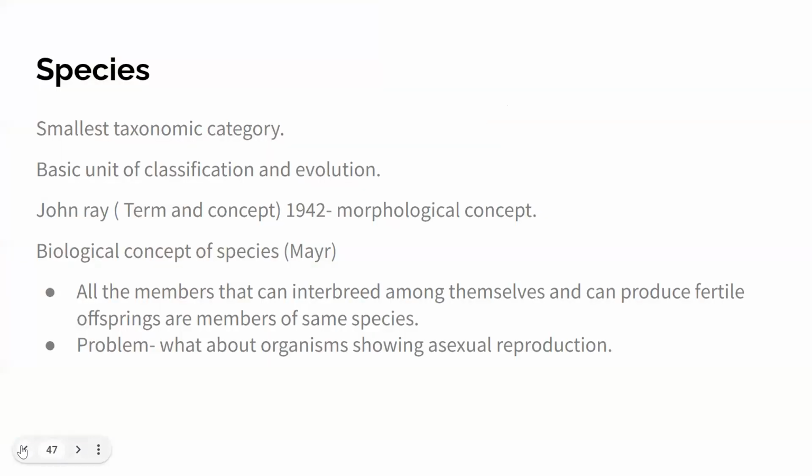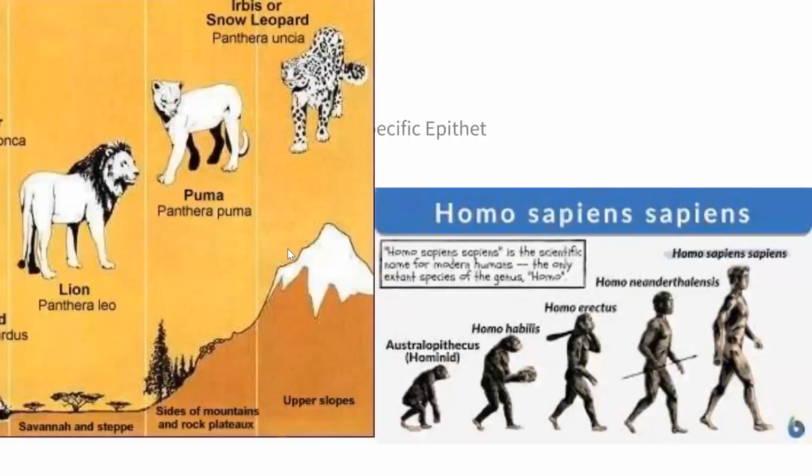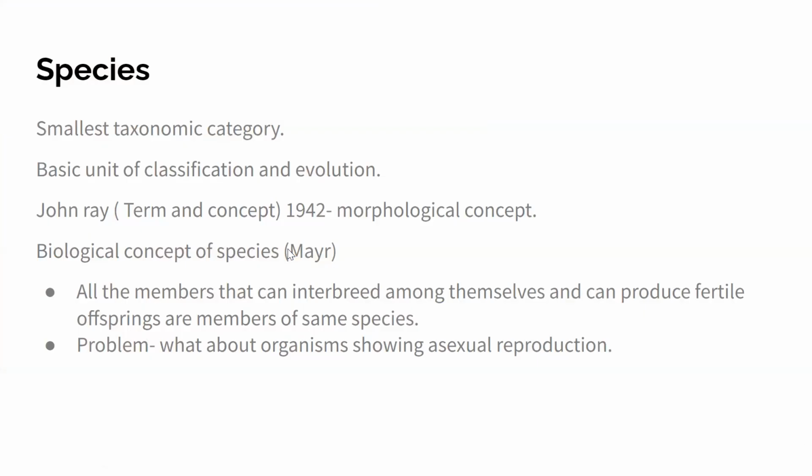Now, species is the smallest taxonomic category. It is the basic unit of classification. John Gray coined the morphological concept of species. ये भी लिख लो, morphological was John Gray. Ernst Mayr ने biological concept of species दिया. So अगर उन्होंने पूछा who coined morphological concept of species?